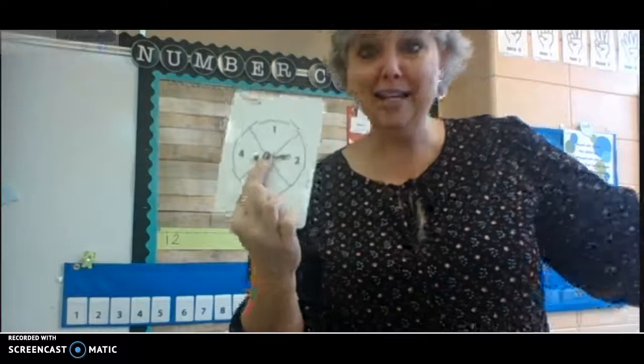So each day during the week, we're going to spin a spinner that looks like this, and it has the numbers 1, 2, 3, and 4 on it. So Miss B's going to spin, and I always flick it with my finger, and it landed on our number today, 2. How awesome is that?